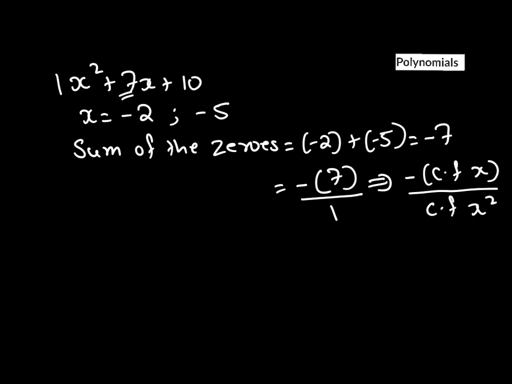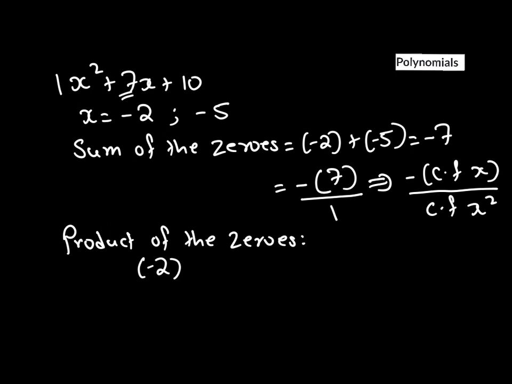Now let's figure out the product and see how it is related to the coefficients. The product of the zeros are negative 2 times negative 5, which is going to be 10. And if you observe, I can write this as 10 over 1.